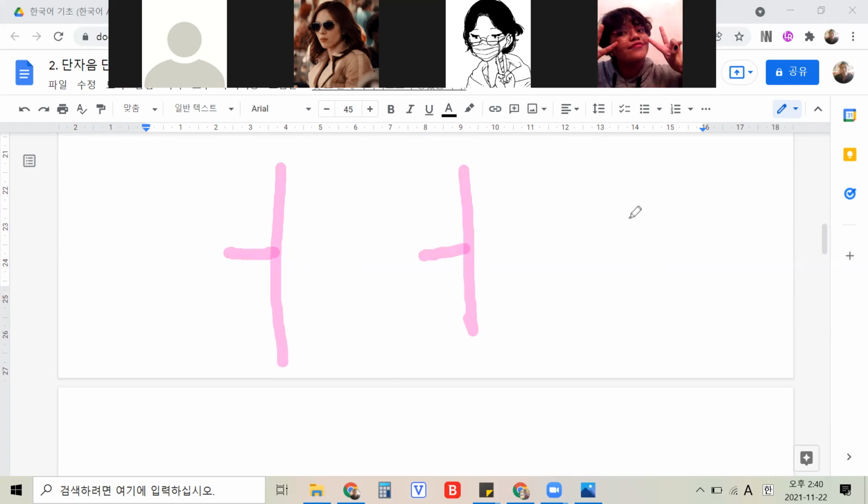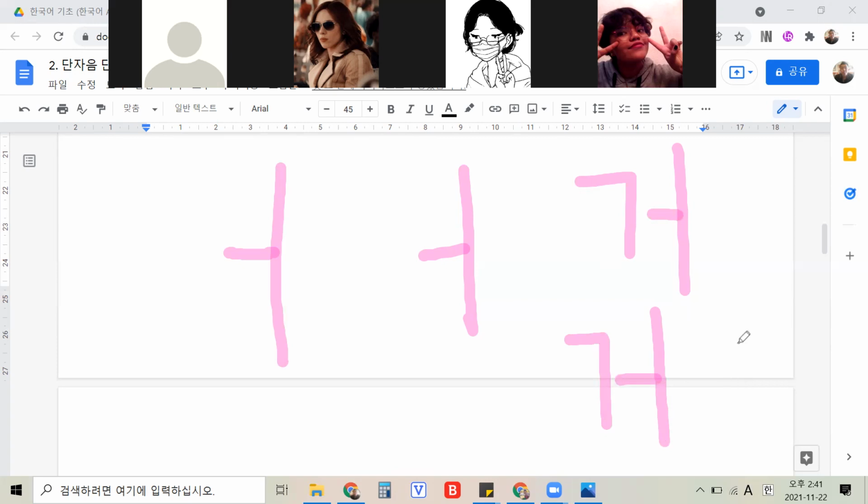So let's try to combine it with any random consonant. For example, like this one. 1, 2, 3, 4, like that. But as I said, for your writing, you can even write it this way. 1, 2, 3, 4. No problem. Just draw whatever you like.